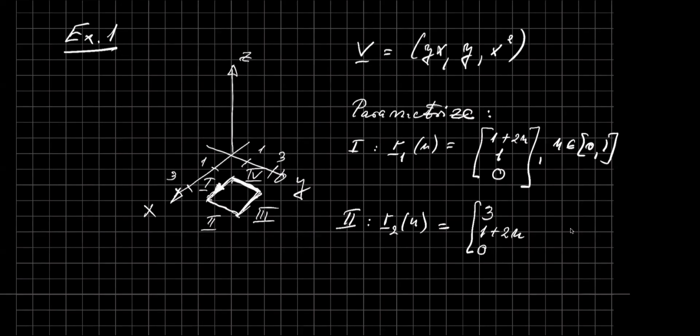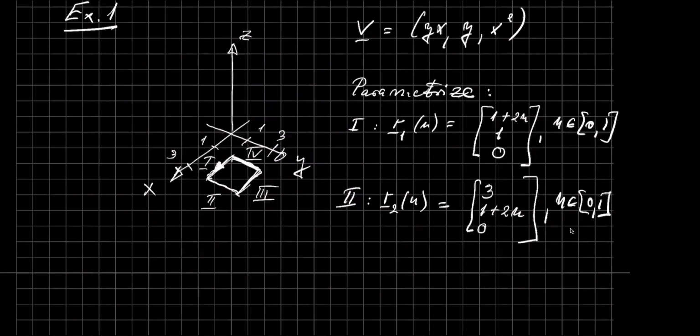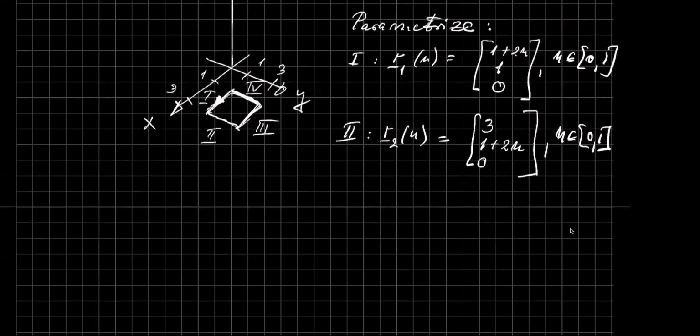U still belongs to the interval from 0 to 1, and so on. In this way, you can parameterize all four parts of this boundary, and then let us determine a tangential curve integral along the first boundary. This is from 0 to 1.